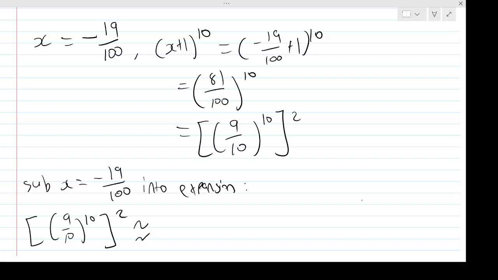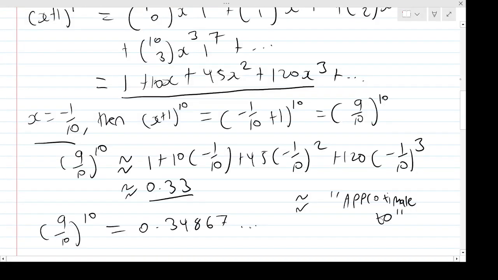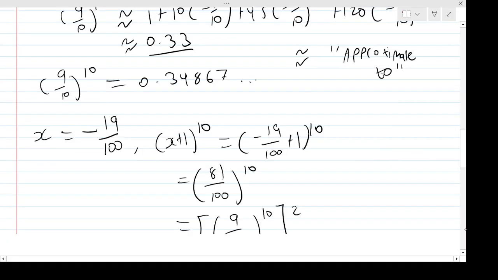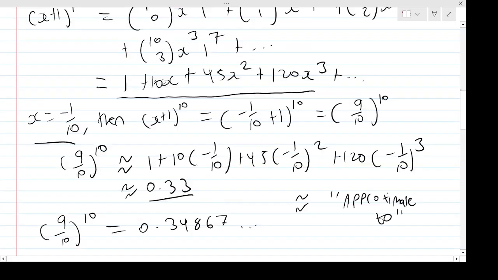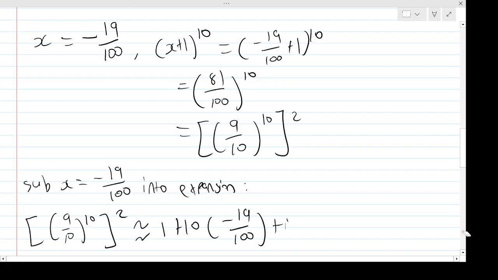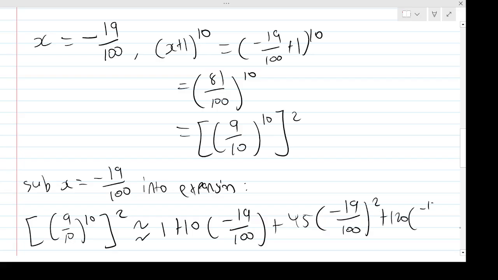That's going to be approximately, if I recall my expansion, 1 plus 10x firstly, so 1 plus 10 lots of minus 19 over 100, then add 45x squared, so 45 lots of minus 19 over 100 all squared, and then add 120 of minus 19 over 100 all cubed.